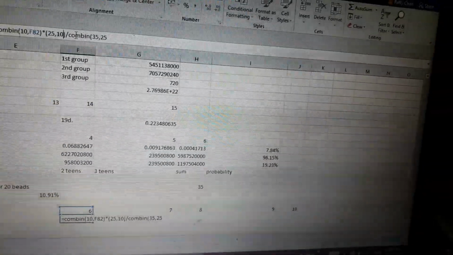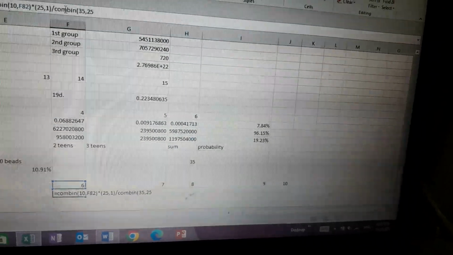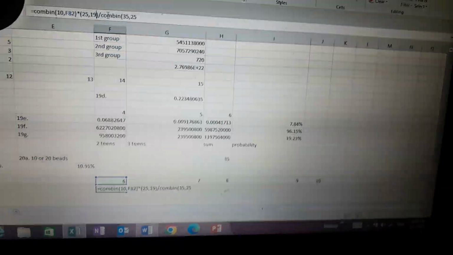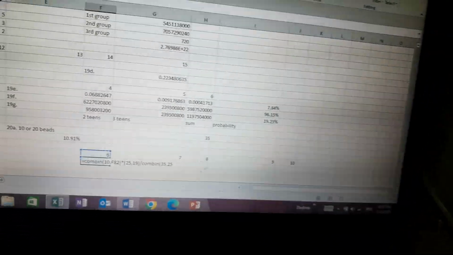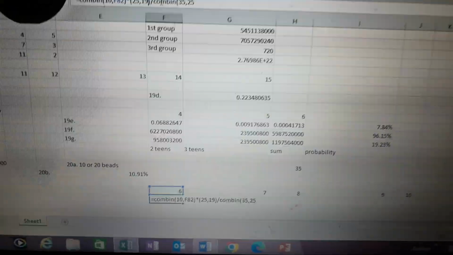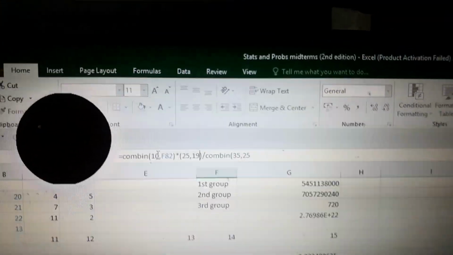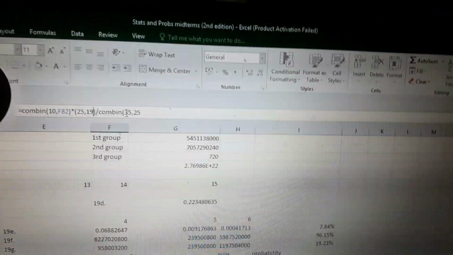So 19 dapat to. 25C19, right? Is that correct? Because remember, there are 10 red beads, and then 25 to give you 35. 6 plus 19, so that's correct.